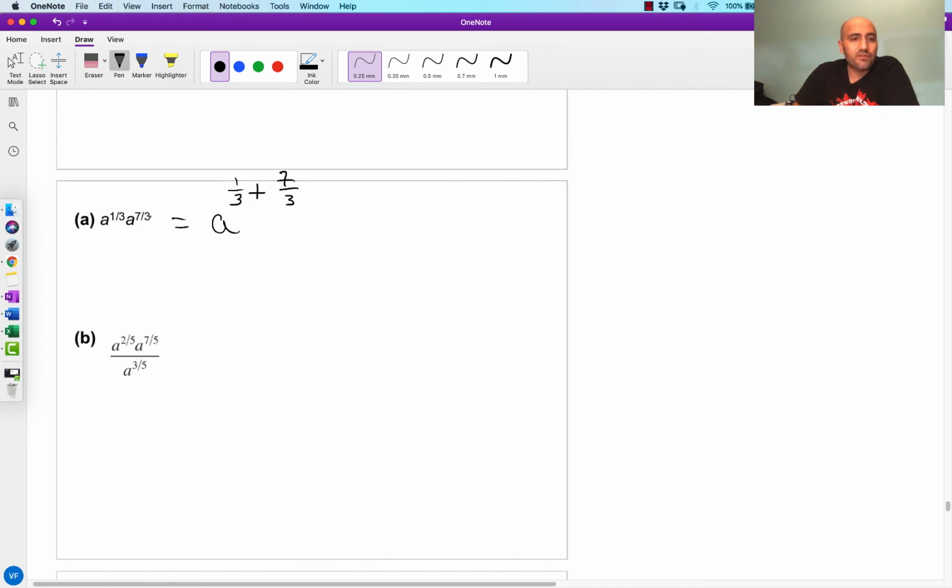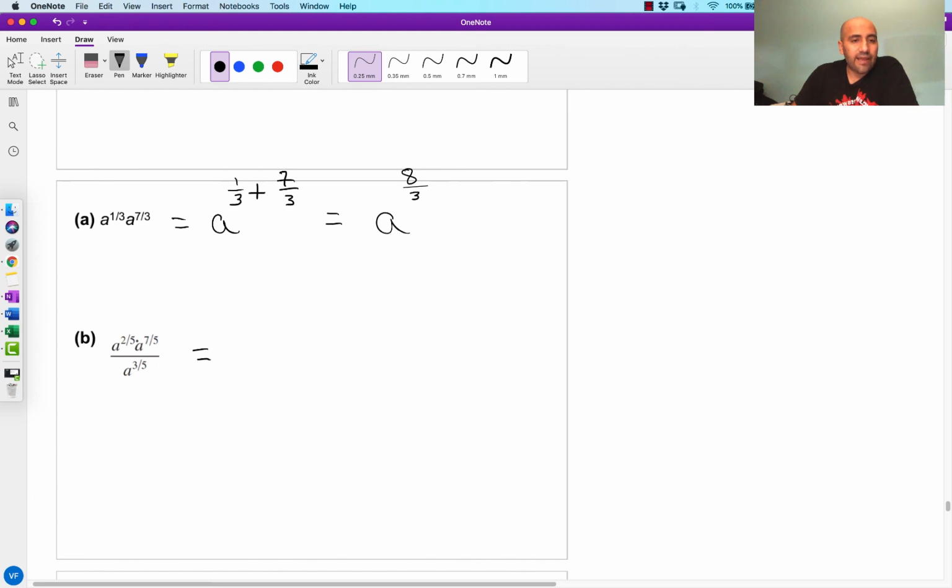They have the same base, so we add the exponents. Now luckily these fractions already have the same denominator, so this would be equal to a to the power of 8/3.